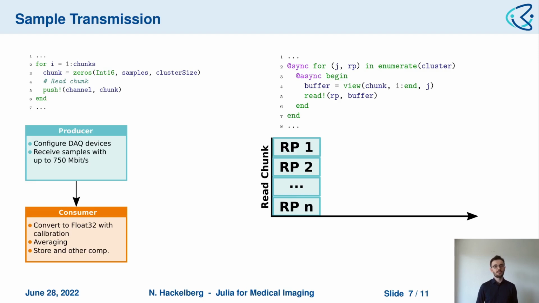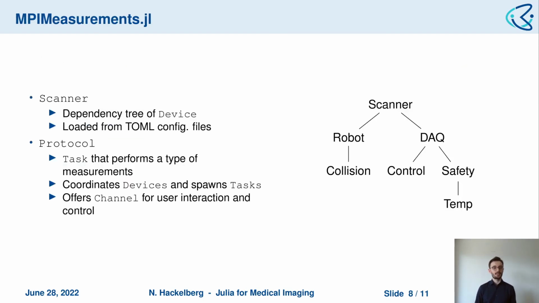But as I mentioned, MPI measurements also needs to control a lot of other devices. And for that we have these two main data structures. We have a scanner, which is essentially just a dependency tree of devices which are loaded and configured from TOML files. And we have a protocol, which are tasks that perform specific types of measurements given a scanner. And they are responsible for coordinating all these devices and spawning further tasks. And they also offer a channel for user interaction and control.